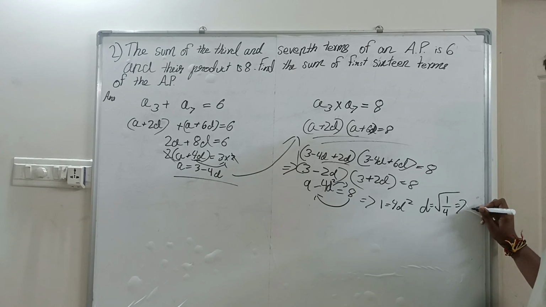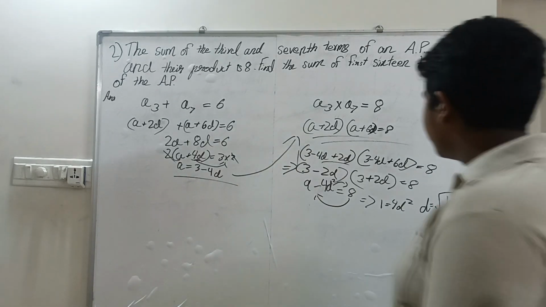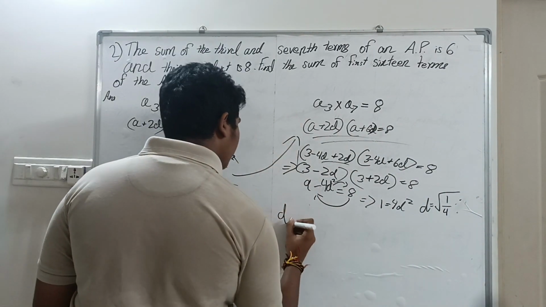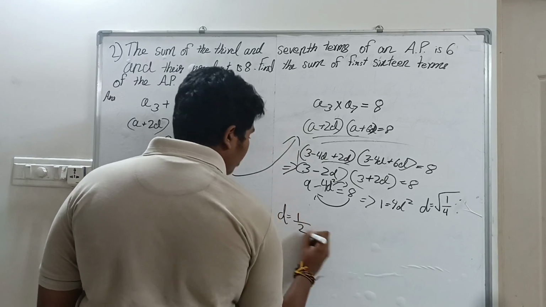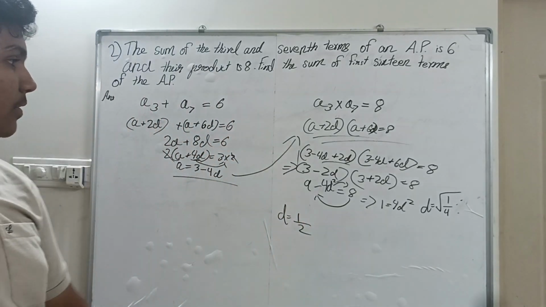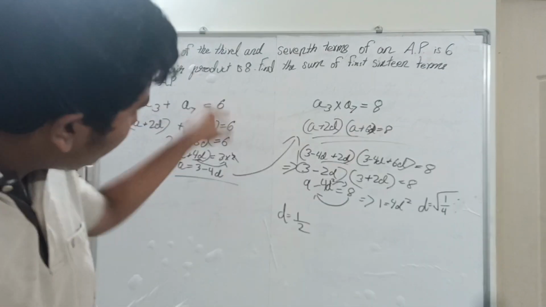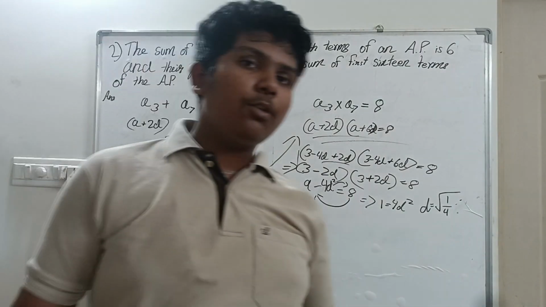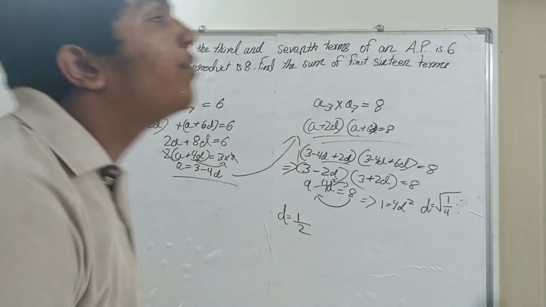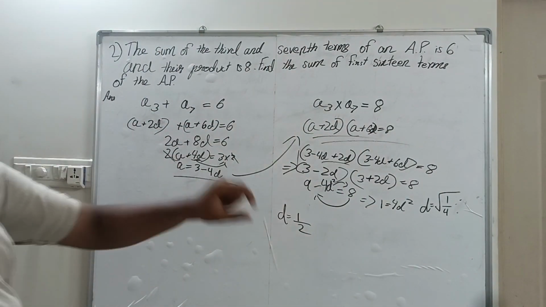D is equal to 1 by 2. Because here 2 is divisible, 2 into 2 is 4. Any root of 1 is 1 itself. So 1 by 2.